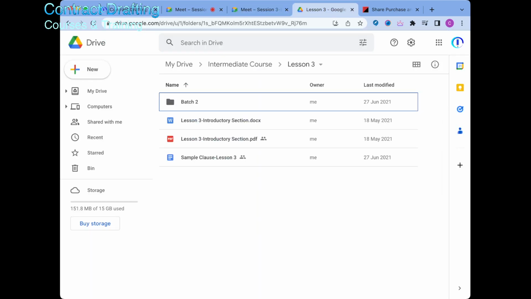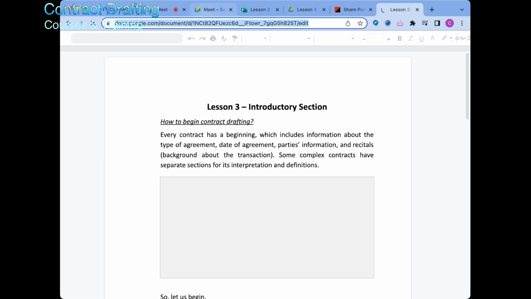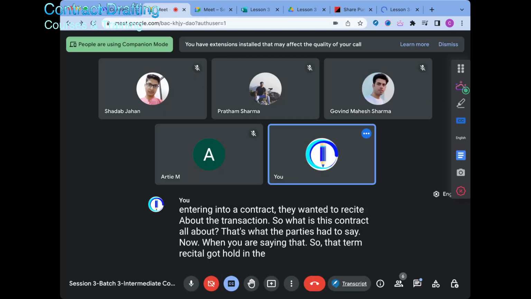So what is this contract all about? That's what the parties had to say. Now, when you're saying that, that term recital caught hold in the formal language of contracts.